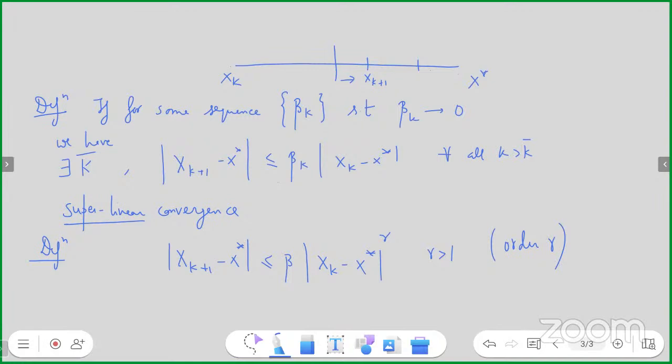Why? Okay. So from here I can get here by choosing beta k equal to |xk minus x star| to the power r minus 1. How about this way? And when r is equal to 2, it's called quadratic convergence.